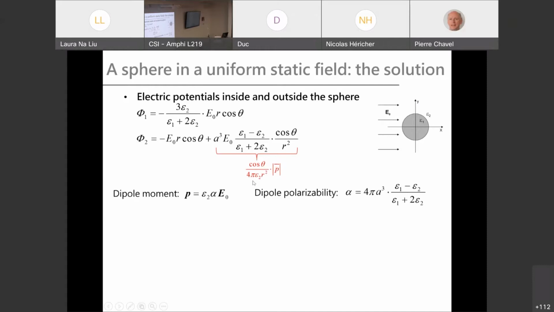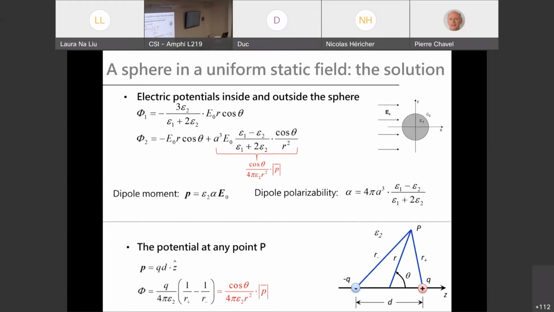At this step, this might already ring a bell, because maybe when you were a bachelor student, you already dealt with this problem of calculating the potential at an arbitrary point next to an electric dipole.